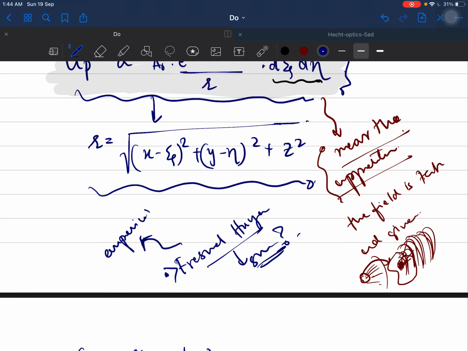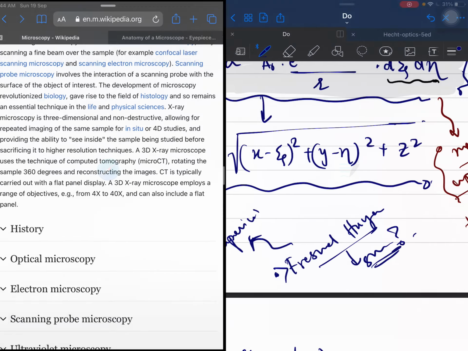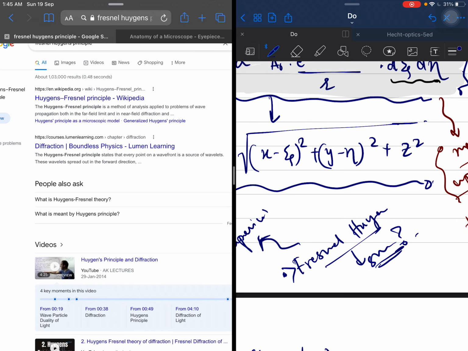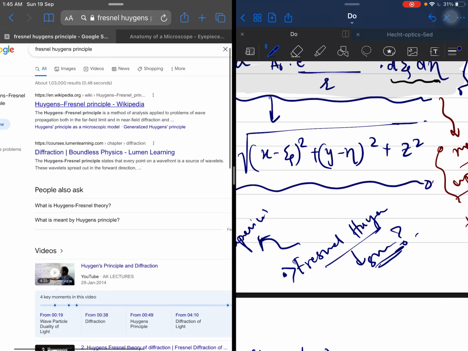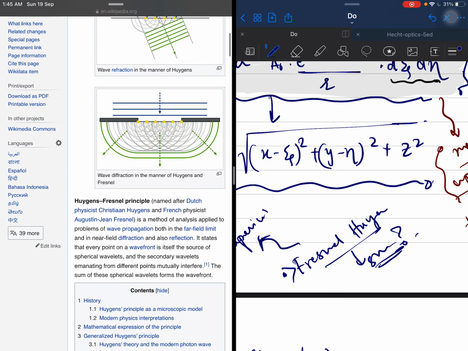Let's search, why not. Fresnel-Huygens principle. Its principle.